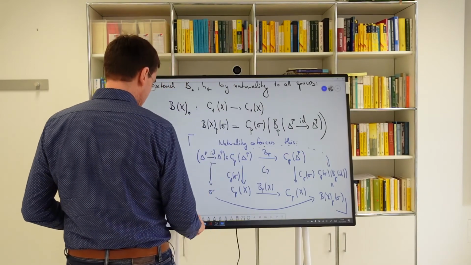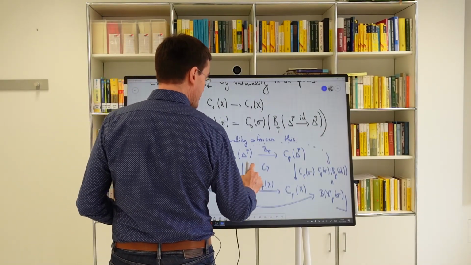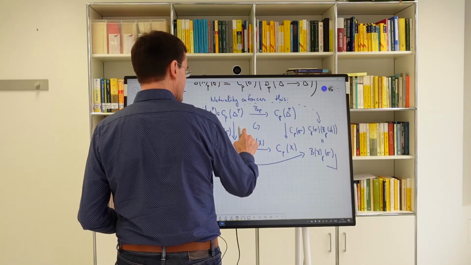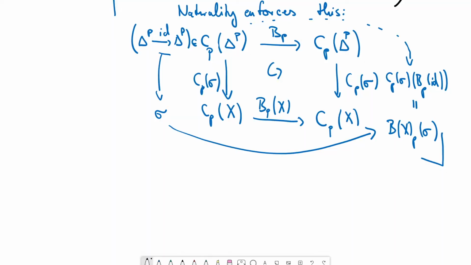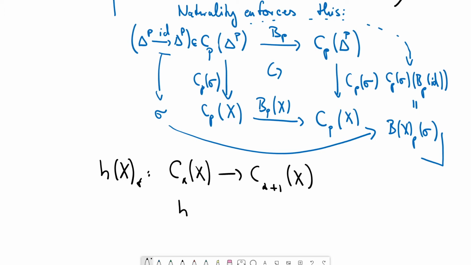We do the same for the homotopy. Also, the chain homotopy will be defined in a similar way. So Hx star is also a natural transformation. It goes from C star x to C star plus 1 x, exactly in the same way.